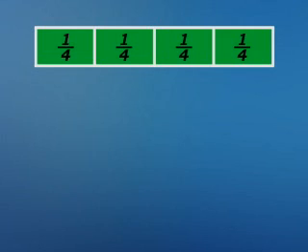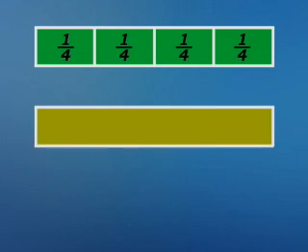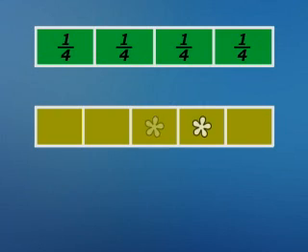Now then, let's take the same size box and divide it into fifths, into 5 equal parts. 1, 2, 3, 4, 5. That's 5 fifths.